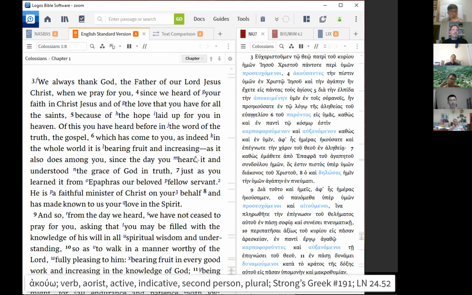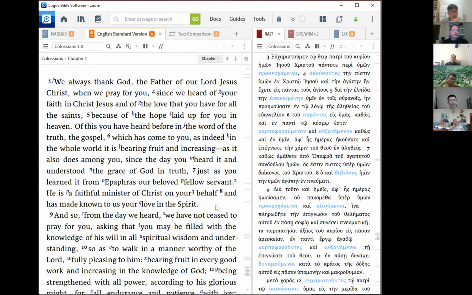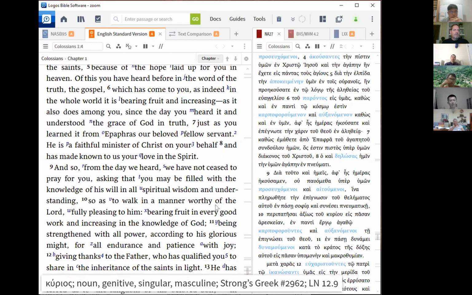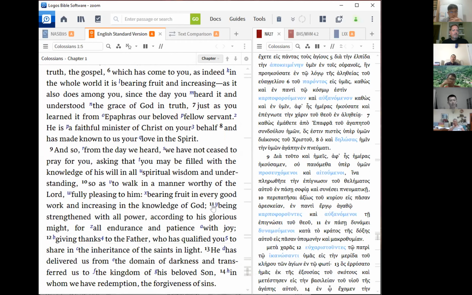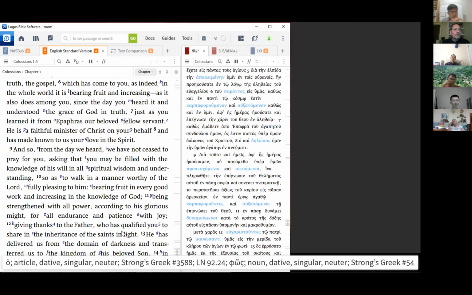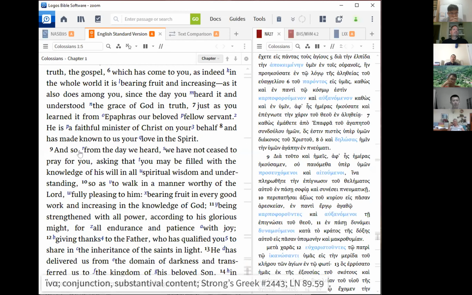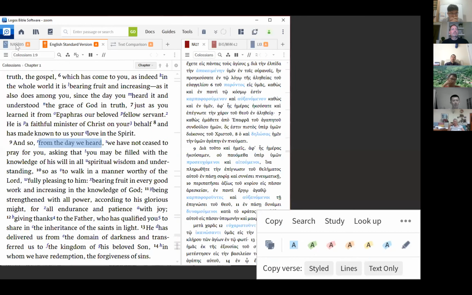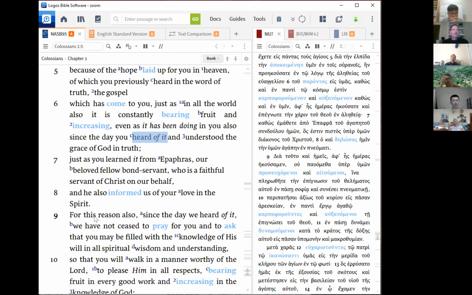They just translate it more directly. Verse 10, I think, was another one. Oh, sorry, verse 9. "From the day we heard." Now, in the New American Standard, it has "since the day we heard of it."